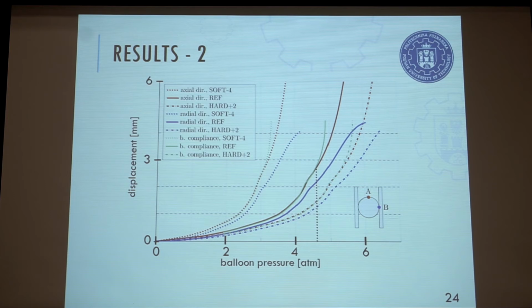But what is maybe more interesting here are the green curves, which represent the technical specification of the balloon. So those are the data released by the producer of the medical device. And this difference with the blue line means that the producer somehow overestimates the diameter which his balloon would show.